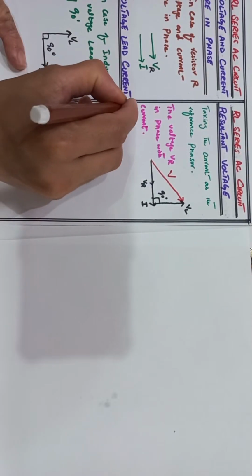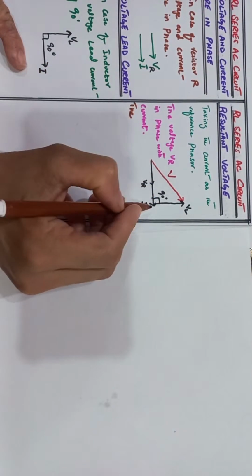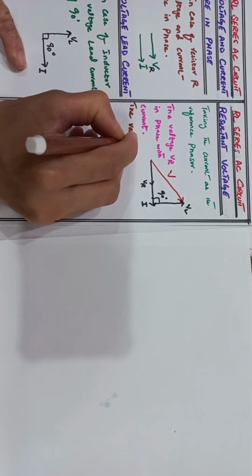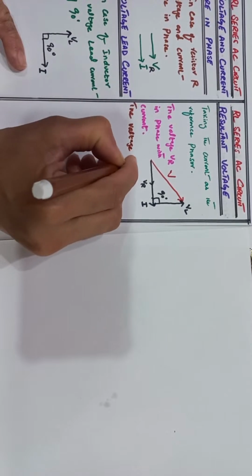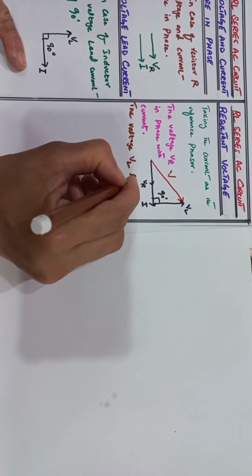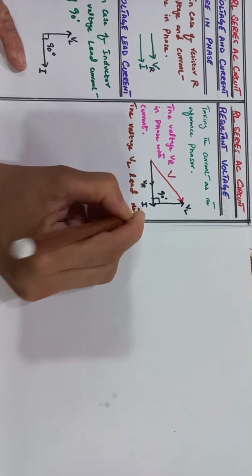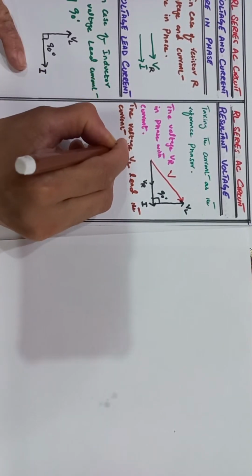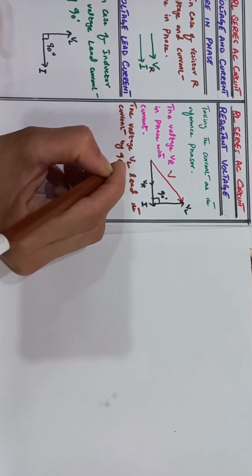The voltage VL leads the current by 90 degrees.